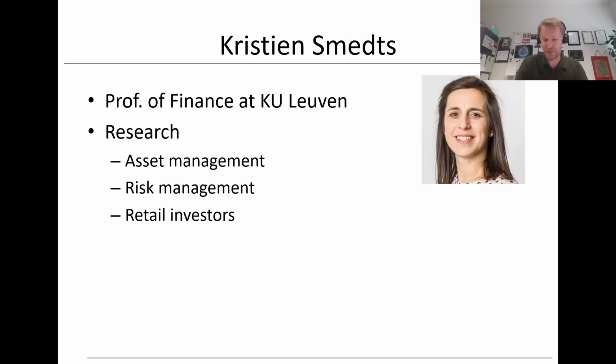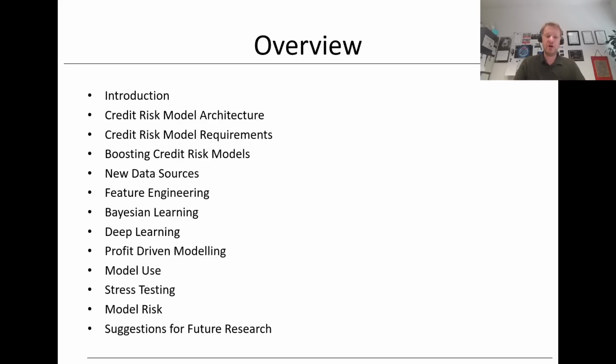Okay, so here you can see the overview of my presentation. There's a lot of ground we will cover. First, we're going to start with a brief introduction and why credit risk modeling is so important nowadays. Then I'm going to zoom into the credit risk model architecture. I'm going to discuss various types of credit risk model requirements and the trade-offs between each of them.